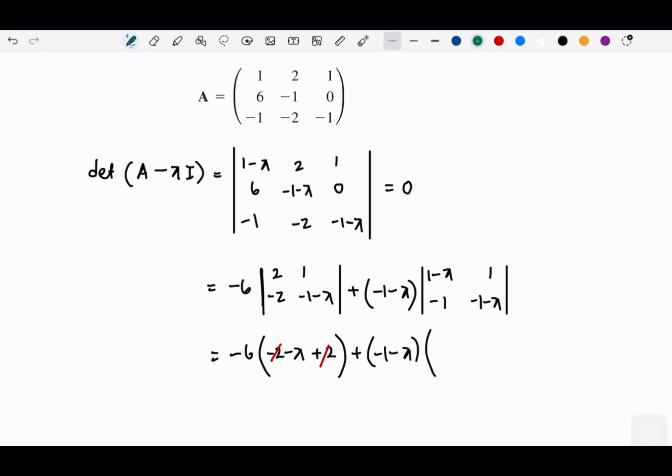Let me write here just to make sure it's correct. So we have 1 minus lambda squared minus, right? I think that's good. So minus 1 minus lambda squared plus 1.